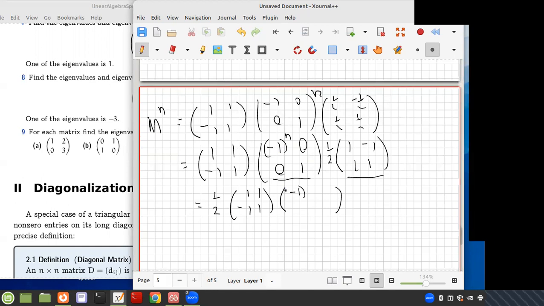That's (-1)^n. Then this one is going to be (-1)^n times -1. That'll be (-1)^(n+1) plus 0. And the second column will be 0, 1, and then -1 times 0 plus 1. Okay?